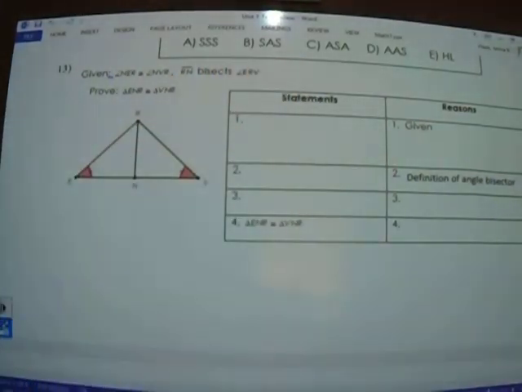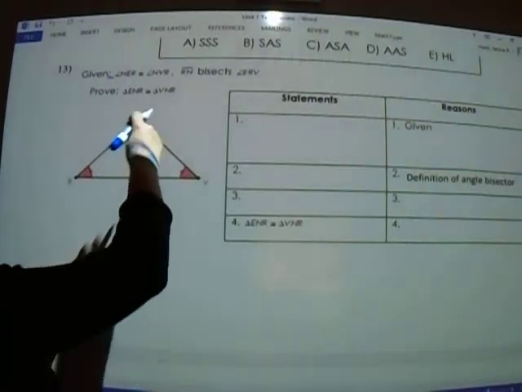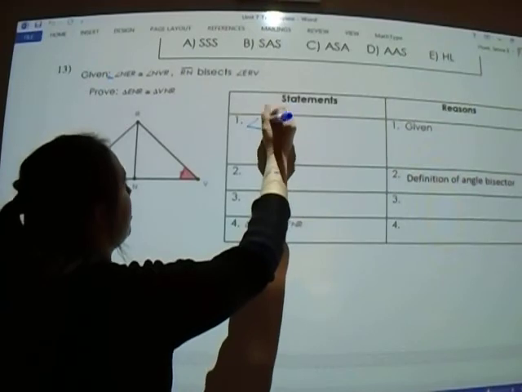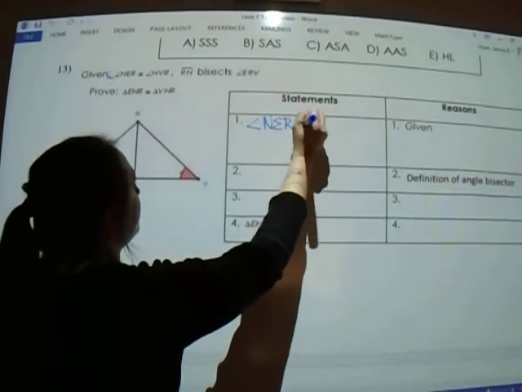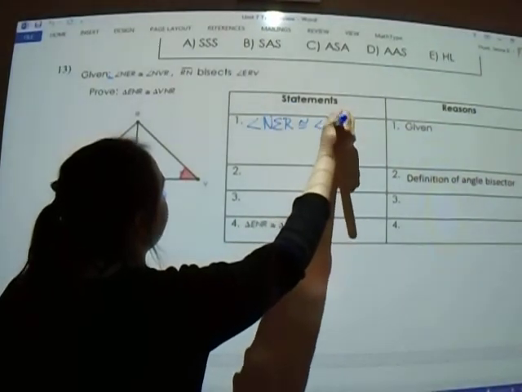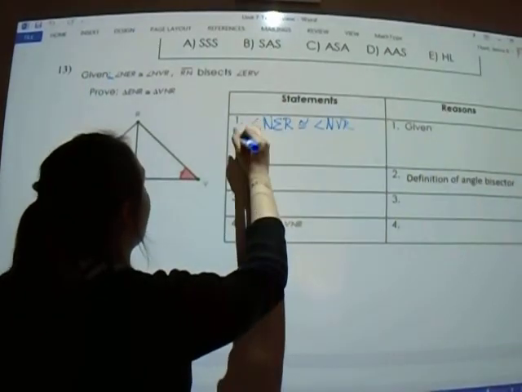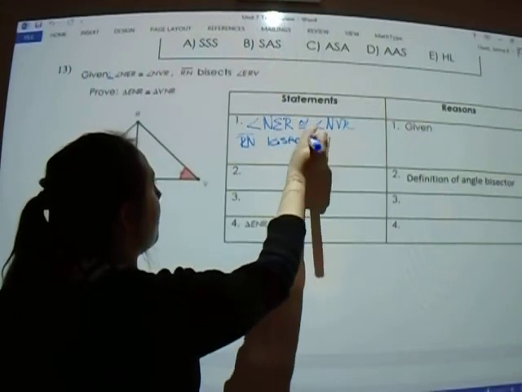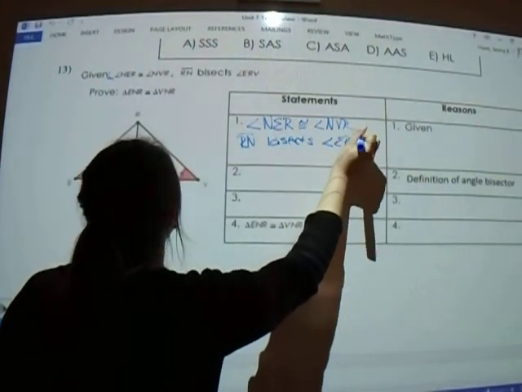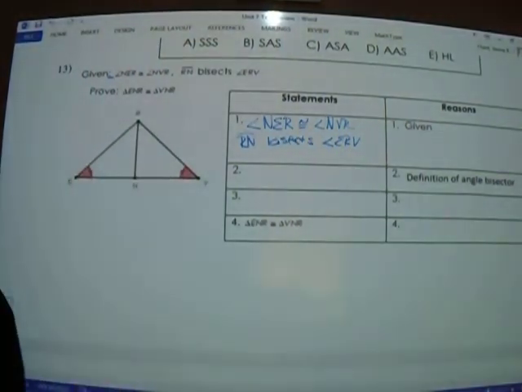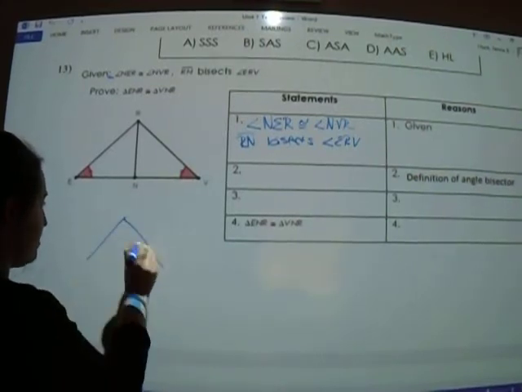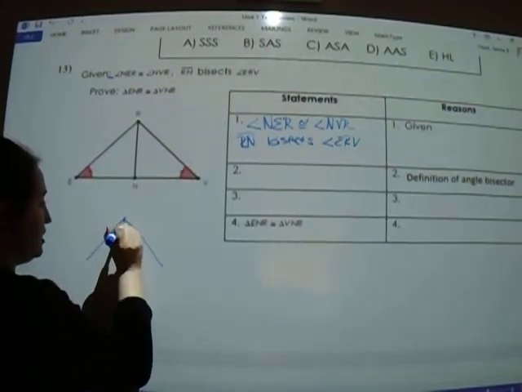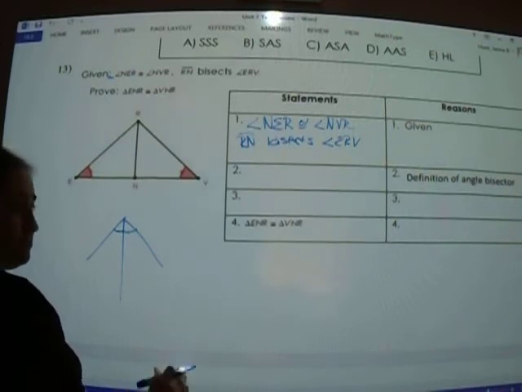Right? So here's another proof. So given, write it here, given angle NER is congruent to angle NVR, and RN bisects angle ERV. An angle bisector means it cuts the angle in half. So this is our angle bisector, so this equals this, right?